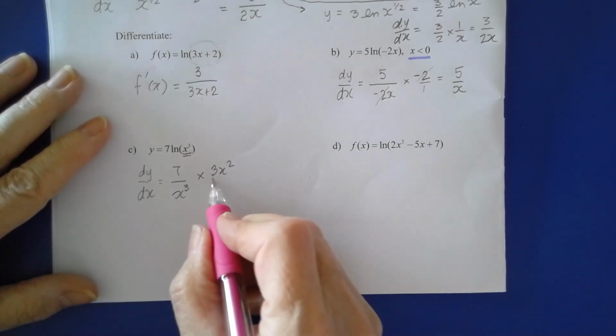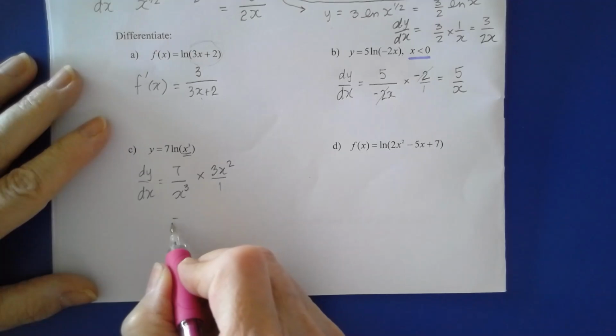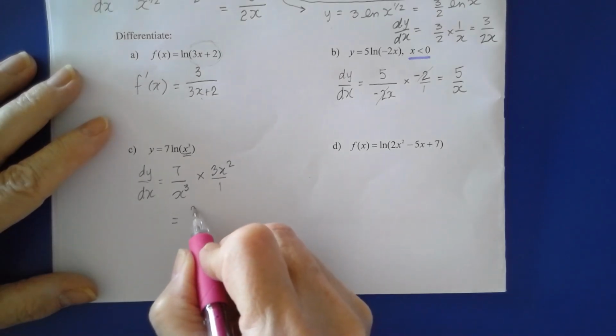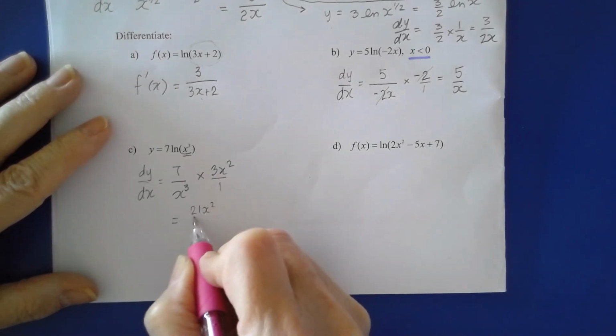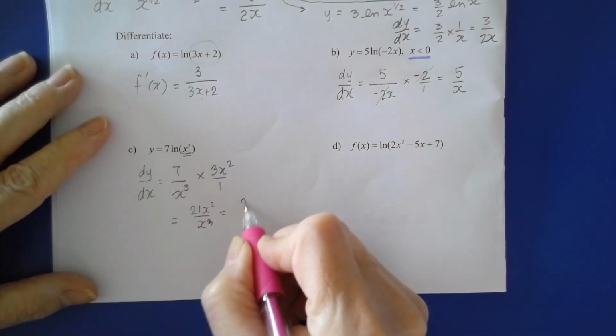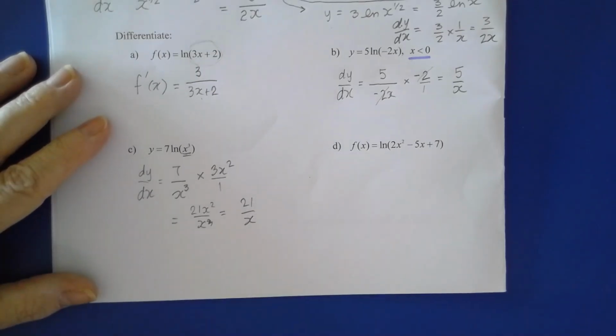Okay, now that's over 1. So what's on the top? 21x squared over x cubed. Can you do any simplifying there? It's real funny, the log. It always boils down to x on the bottom, it seems like.